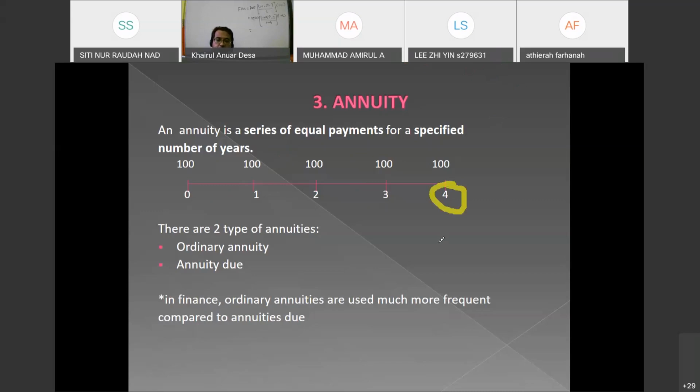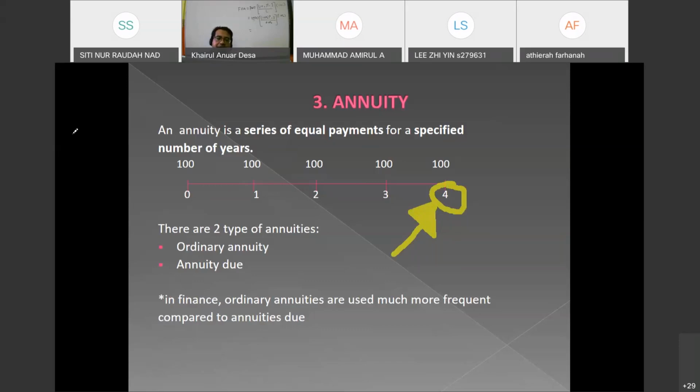This is the annuity. We know certainly the time limit of the equal payment. That is what we call the annuity, the maximum years.